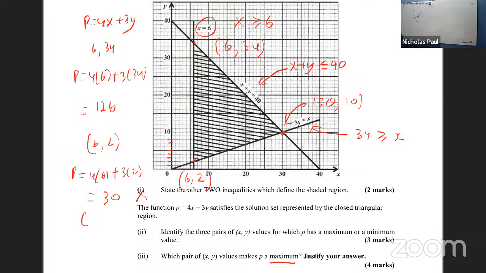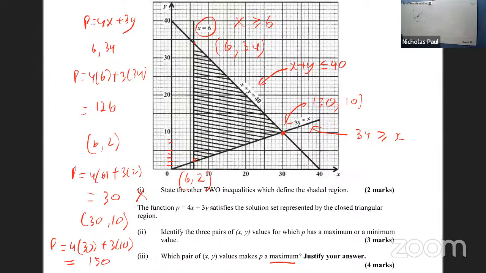Let's check out 30, 10. I feel 30, 10 might be the winner. So 30, 10 will be 4 by 30 plus 3 by 10. So that's 150.